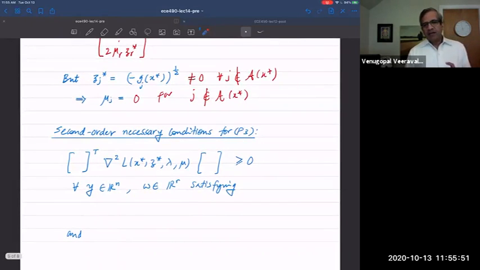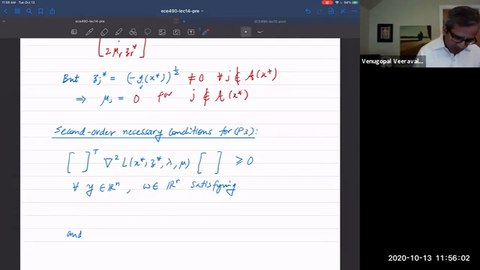Now I have to consider both the x variables and the z variables. So I'm going to create a dummy variable vector, I'll call that y corresponding to the x variables, and a w corresponding to the z variables.